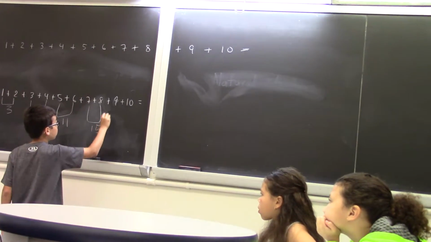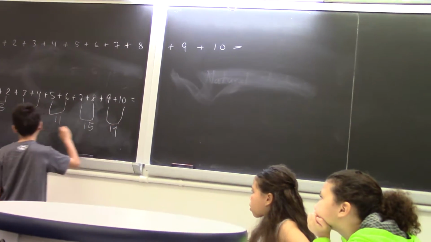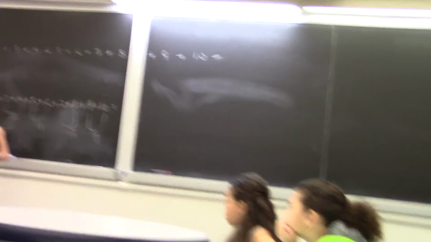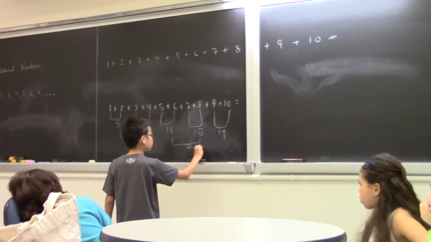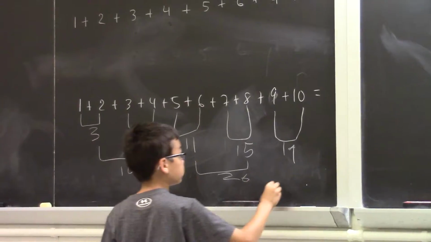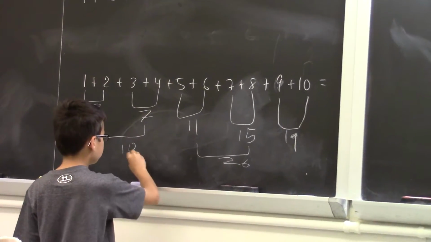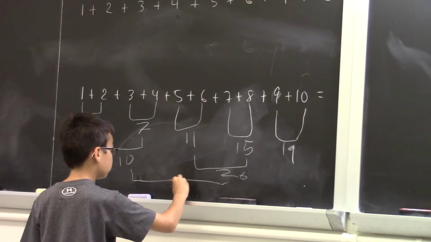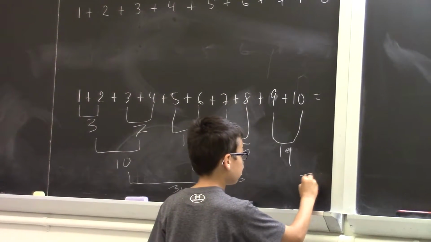Because 25 is 1. Okay, let's see what he's doing. So he's just taking them 2 at a time, and then he's combining. That works.